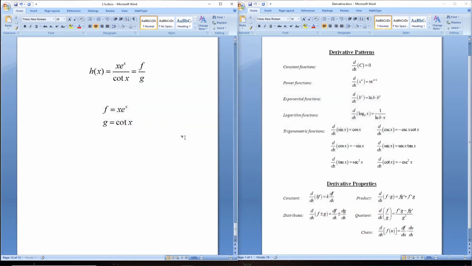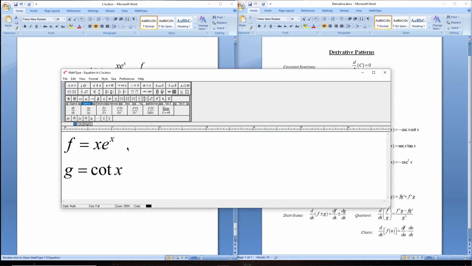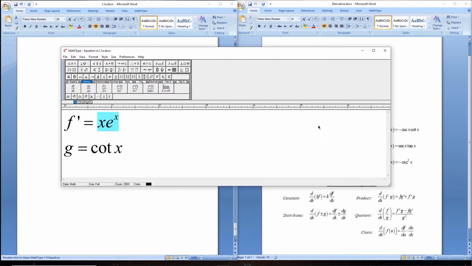Now, once we have our definitions, we then need their derivatives to plug them into the quotient rule. Now, if we look at the derivative of f, now what do you see? Hopefully you see the derivative of f requires the product rule. The derivative of f is a power function times an exponential function.